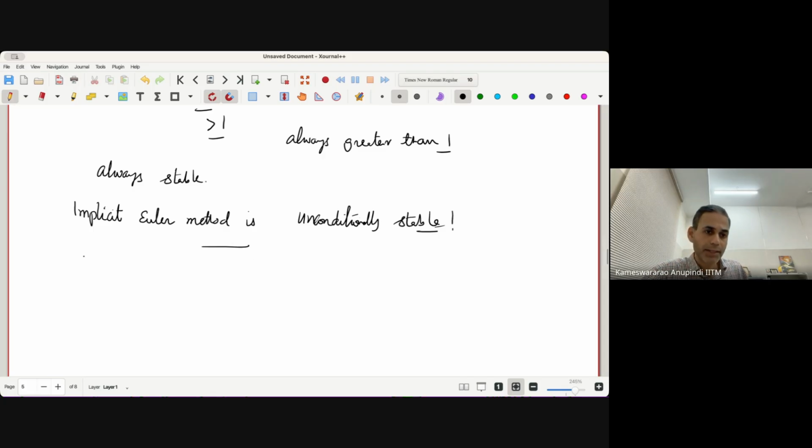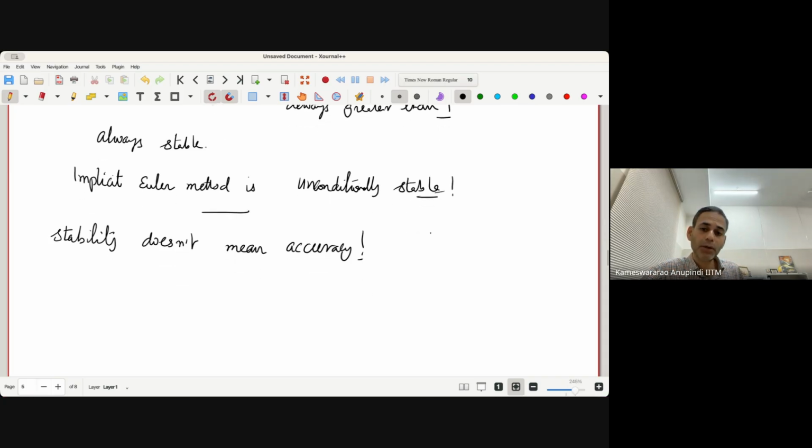But then we realize, and it's similar to the context of PDEs, that stability doesn't mean accuracy. Okay. That means you may be able to take larger h values, but then the solution may not be accurate.